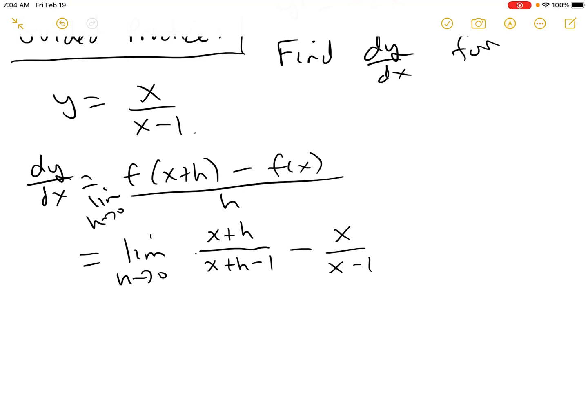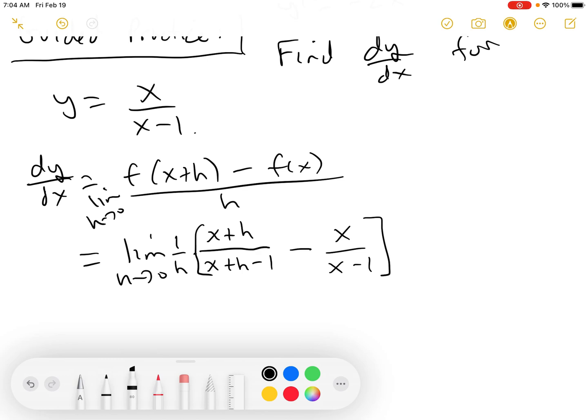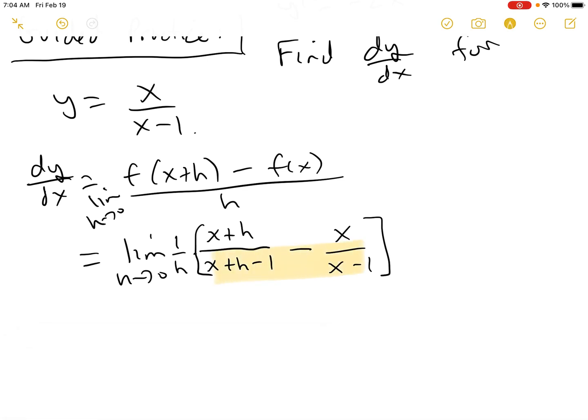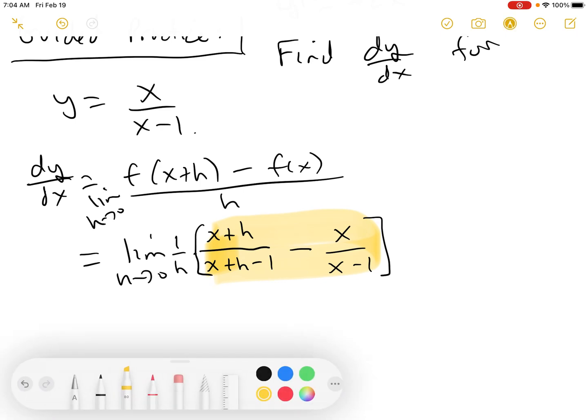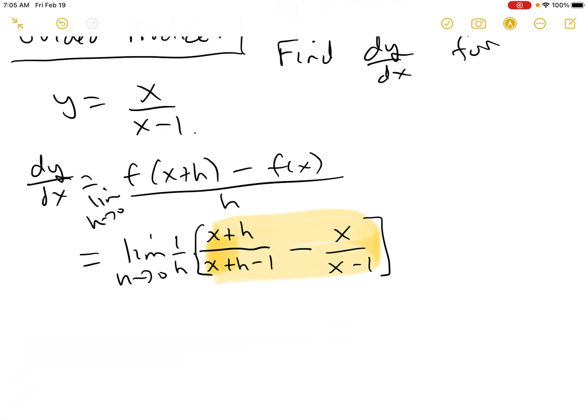Instead of writing a big fraction bar over h, I put a little 1 over h out in front to signify I'm dividing this whole thing by h. This is just cleaner, and all you have to do is work on this piece, and the 1 over h just follows along for the ride, because at the end you're going to cancel it.